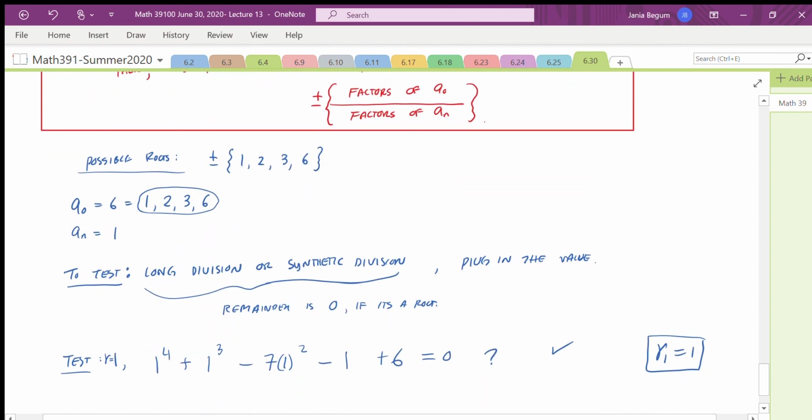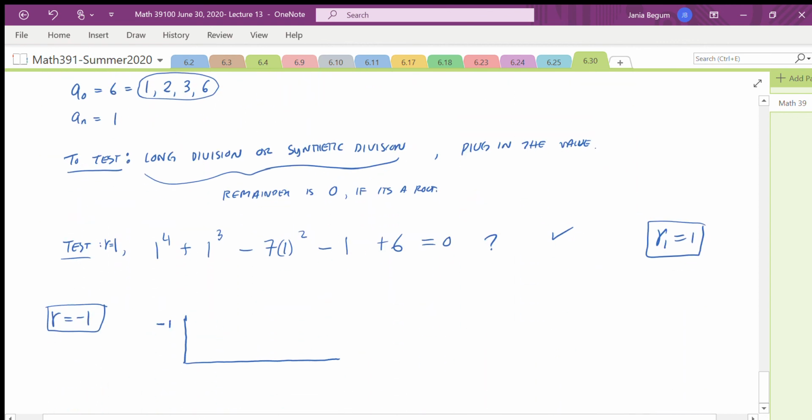The first column will be for r to the 4th, the second column r cubed, then r squared, r to the 1, which is r, and then the constant term. We place the coefficients right underneath these variables accordingly.